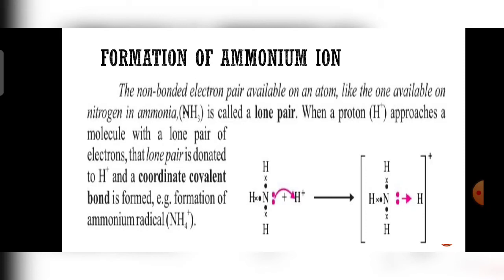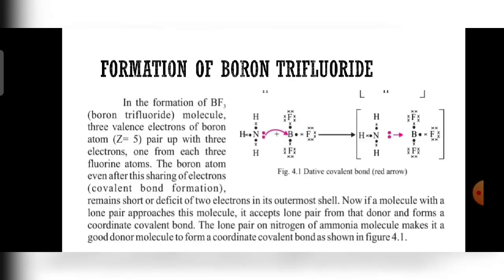So this non-bonding lone pair of electrons is shared by nitrogen with hydrogen, which is the electron deficient atom. That's why they form a coordinate covalent bond by donating and accepting electrons. Here ammonia is the donor and hydrogen is the acceptor.